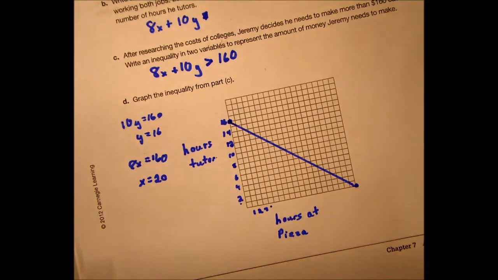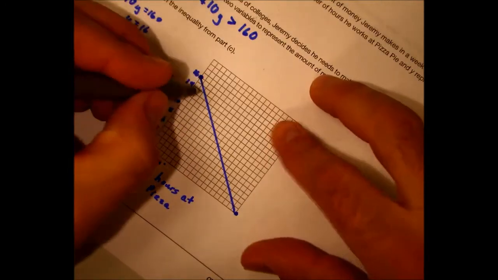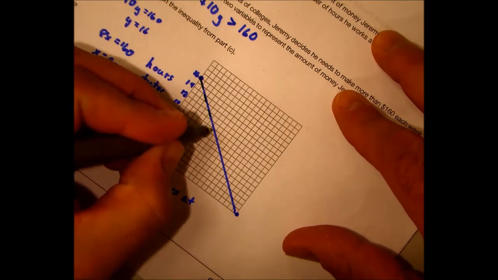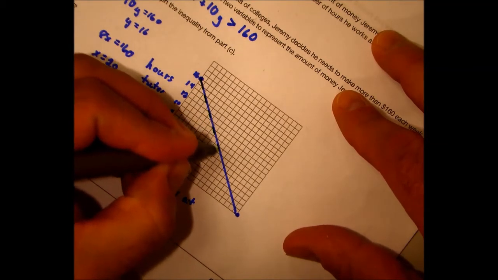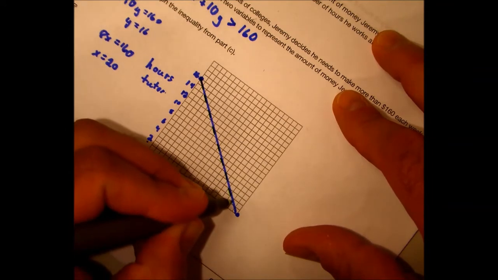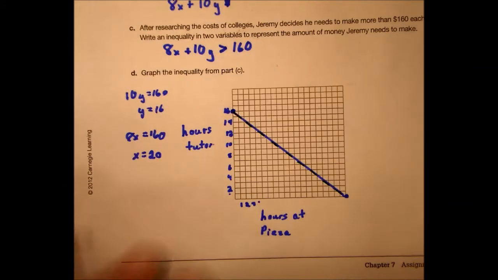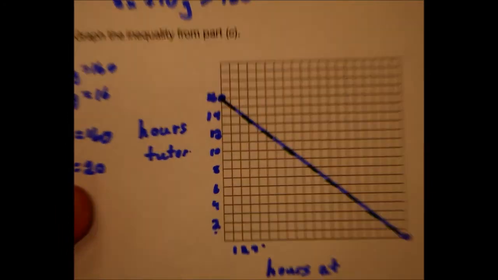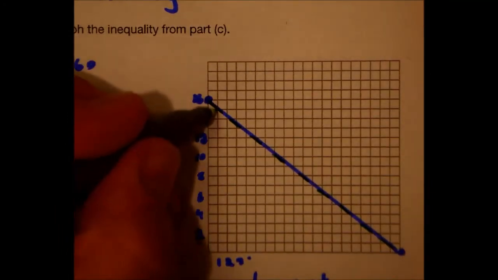Where is my magic marker? I use a dotted line, or dashed, excuse me. Okay, so there's my dashed line. I'll zoom in so that you understand that it's dashed. I used a different color.